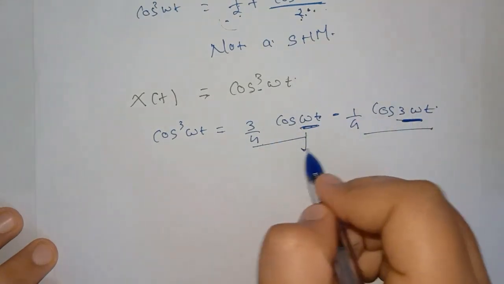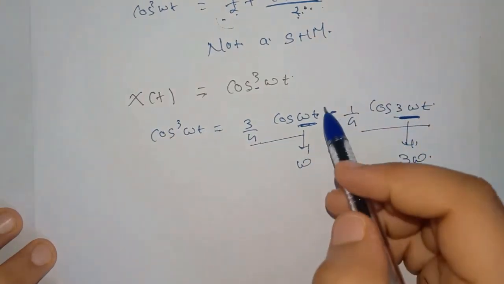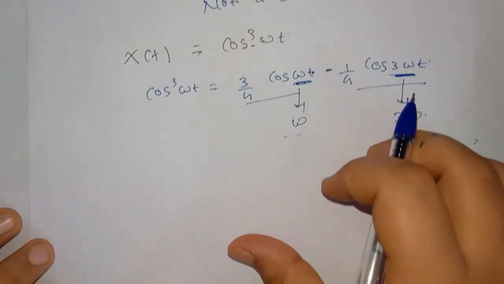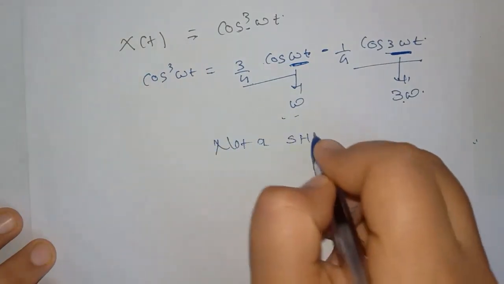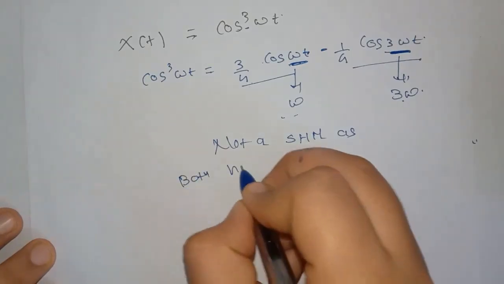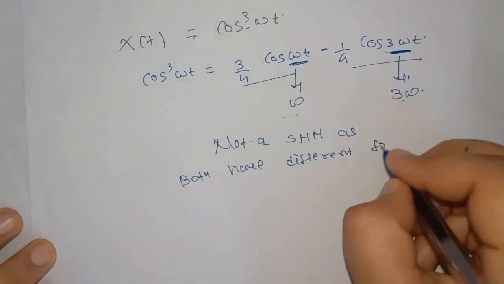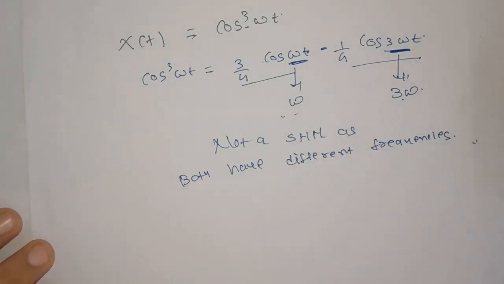In the first case, frequency is omega, and in this case, frequency is 3 omega. They both are SHM, but as their frequencies are not same, the resultant will not be SHM. So it is not SHM as both have different frequencies. So in this way, we can find whether the given function is SHM or not.